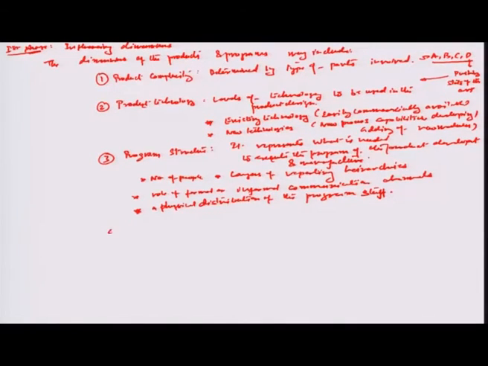So, there is also a fourth dimension needed for a CE environment, which is about program future. This is a very important aspect: a program which is started should not typically be stopped, and there should be a strategy or a plan for the program to sustain itself in future, and sustenance is only possible when it meets the financial objectives.